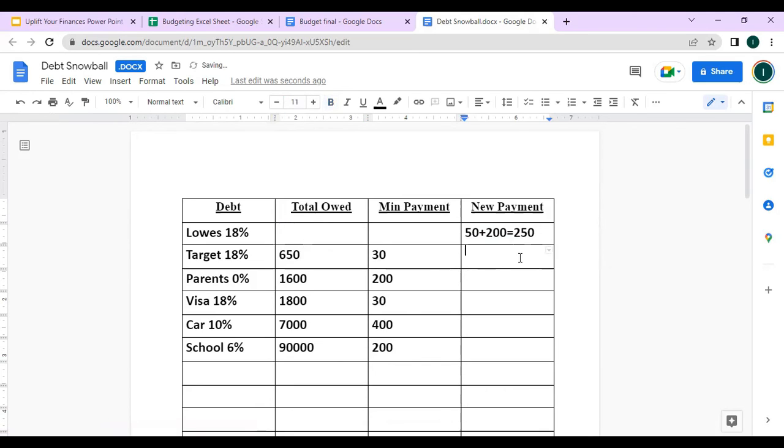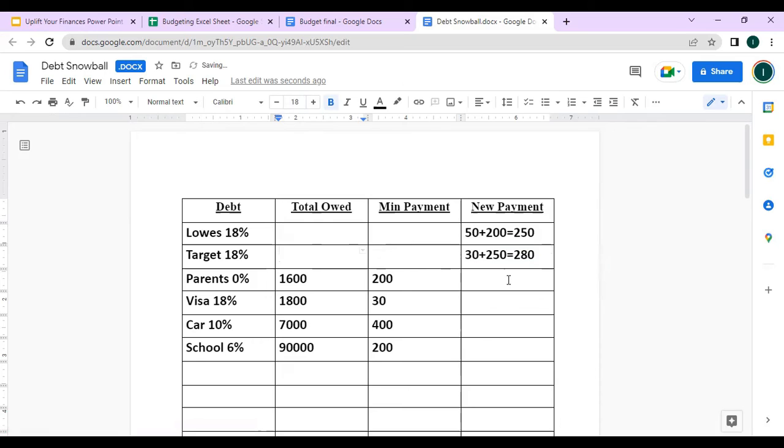Then he's going to take that 250 and add it to the 30, so 30 plus 250 equals 280. And he's going to use that 280 to pay off the 650, and he's going to pay that off in 3 months.